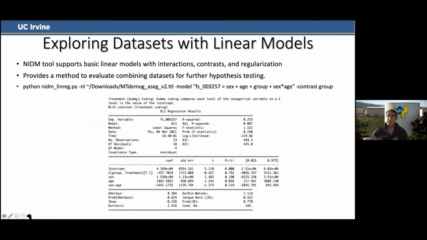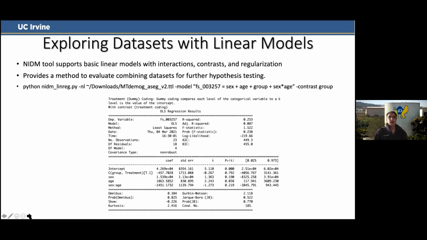We've also then taken another step where we can do simple linear models of information that is contained in these NIDM files. So, again, if you're thinking about querying across data sets and you want to understand if there are some high-level relationships, are these data sets good for me to combine together? You can just do some linear models.